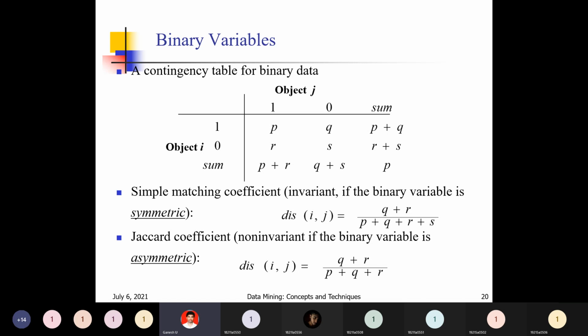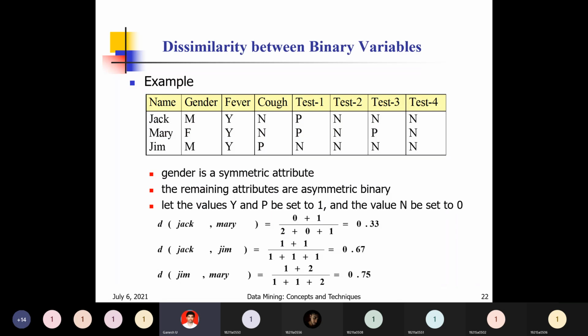Q plus R we have to take. Q means 1 0, R means 0 1. How many 1 0s are there? Just calculate. Is there any positive, negative anywhere?